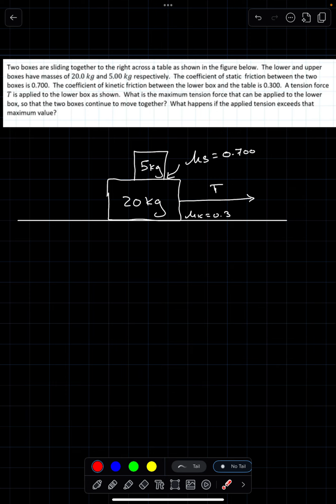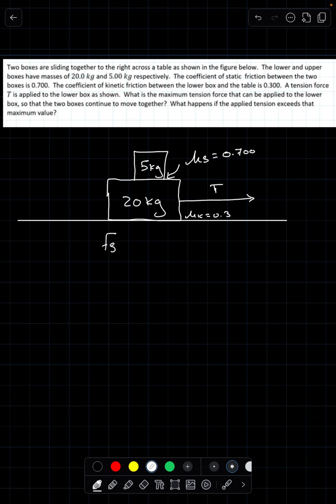A tension force is applied to the lower box as shown. What is the maximum tension force that can be applied to the lower box so that the two boxes continue to move together?